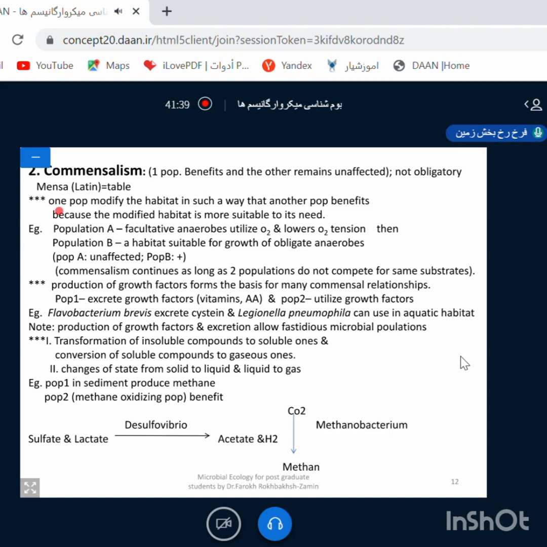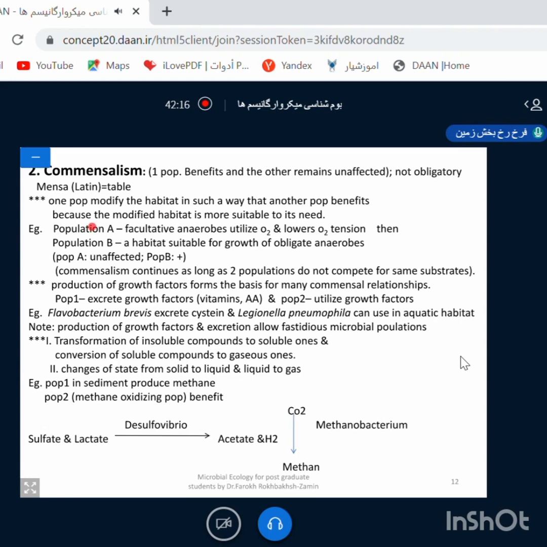So for the facultative anaerobe it is 0, not affected, but for the obligate anaerobe it is beneficial. One population modified the habitat in such a way that another population benefits, because the modified habitat is more suitable to its need.